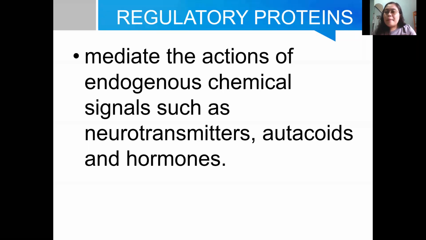Acetylcholine and GABA are neurotransmitters. Now, what is their function? They carry certain messages inside the body, and then they carry them to the different organs. Once they reach a certain organ in our body, they will elicit their pharmacologic action. So that is the activity of neurotransmitters, autocoids, and hormones. They are chemical messengers. Now, what are their differences?